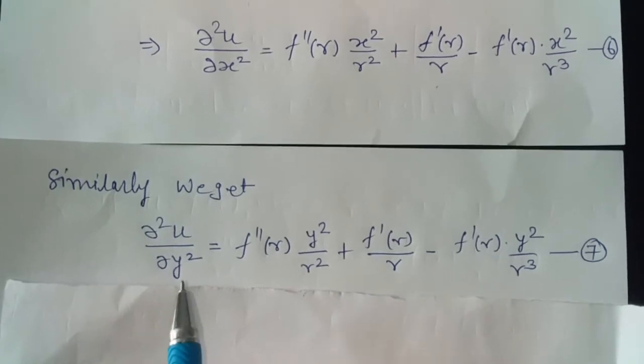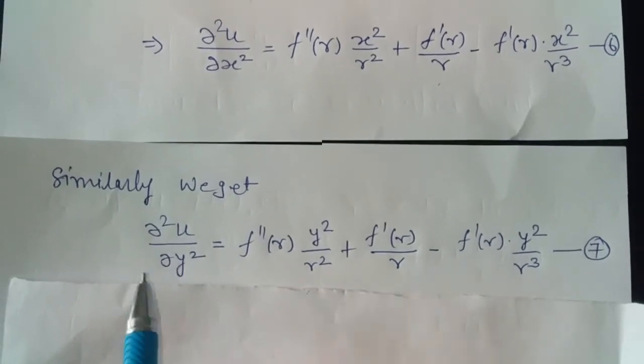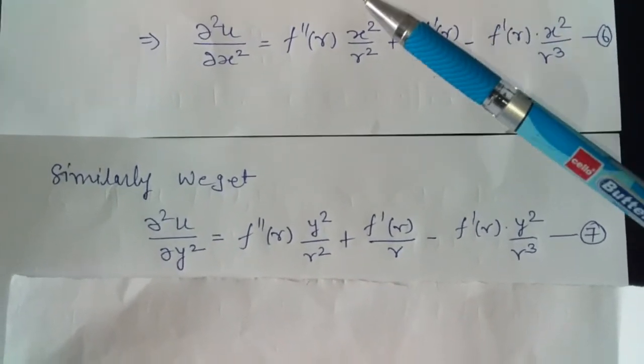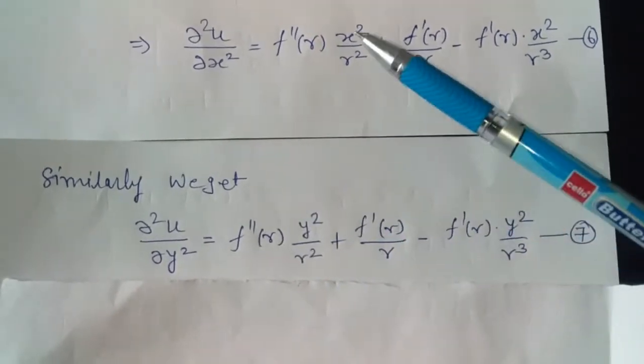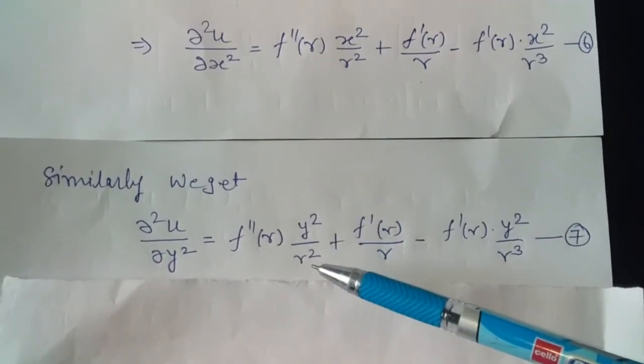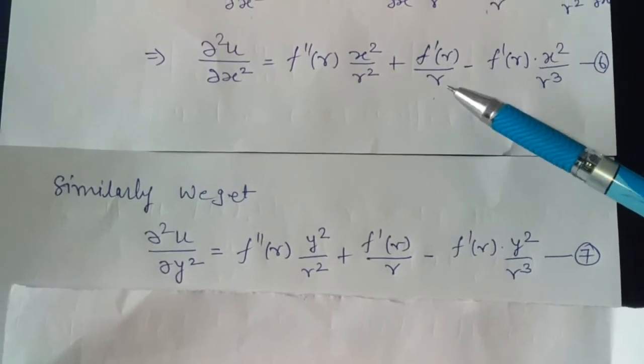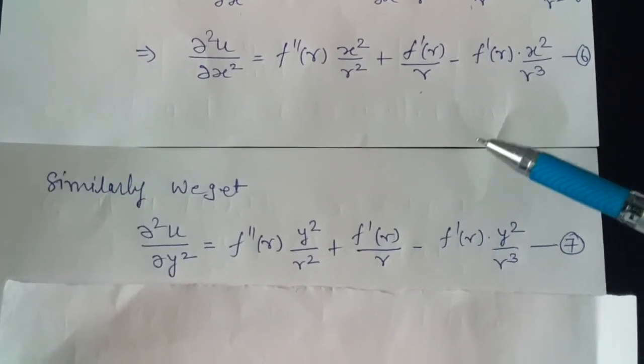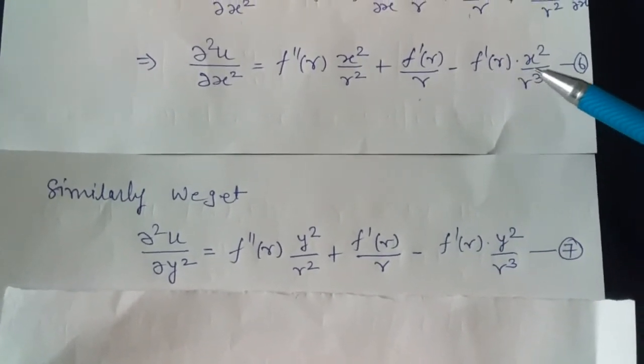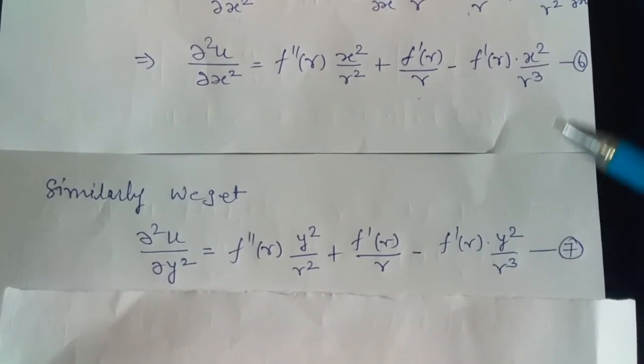So similarly we get del 2u by del y2 is equal to f double dash r into y square by r square plus f dash r upon r minus f dash r into y square by r cube.